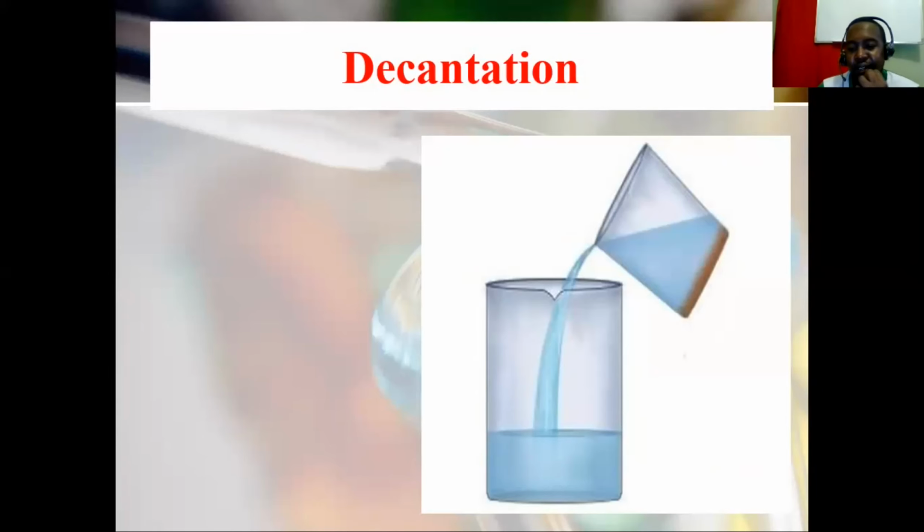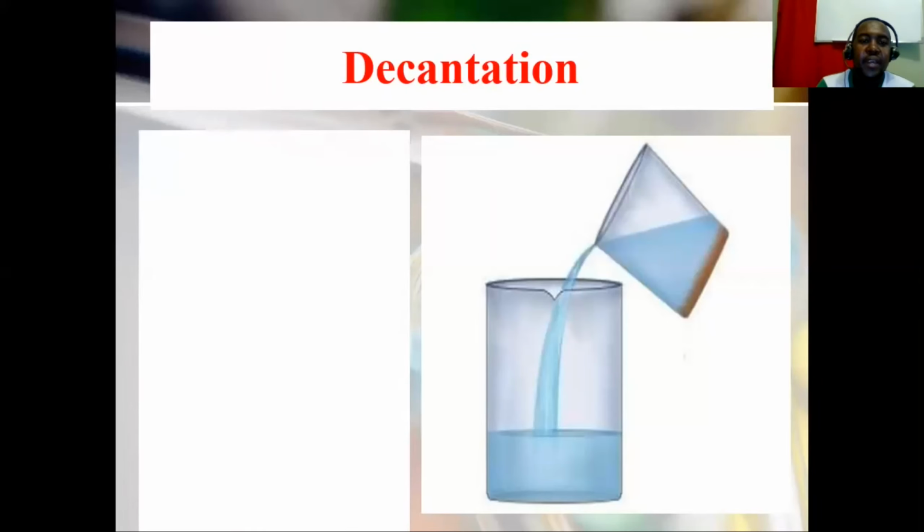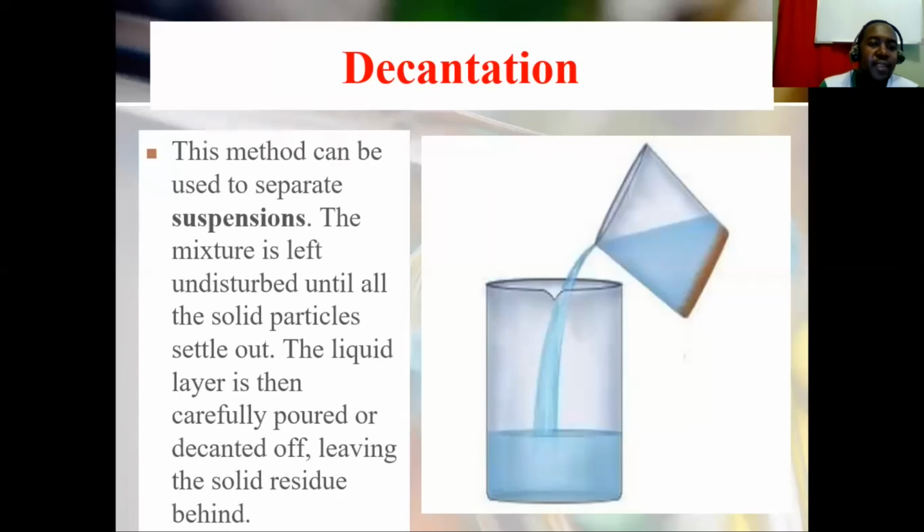So decantation is where if we have no apparatus or instruments, and we need to separate, let's say, sand and water. We know the sand is at the bottom, the water is at the top, or we can use oil and water as well. We can just easily throw off the top liquid, and we are left with our bottom ones, right?